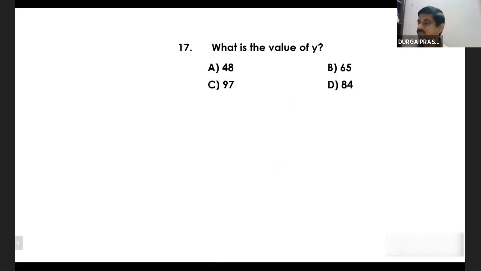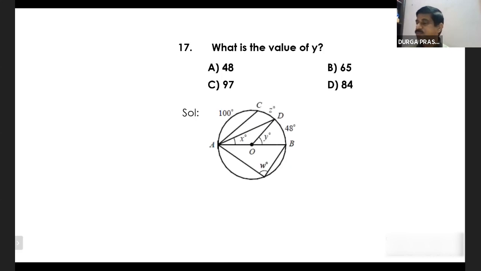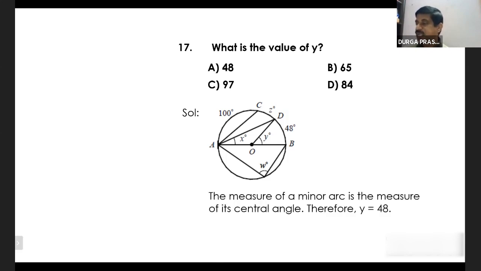What is the value of Y? So value of Y is nothing but arc length L. We should take arc length L. The measure of the arc, its central angle is 48 degrees, he gave.